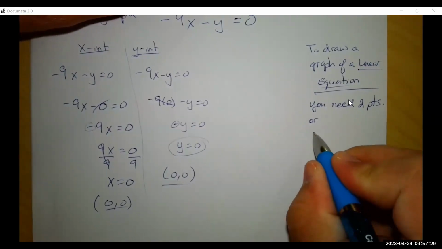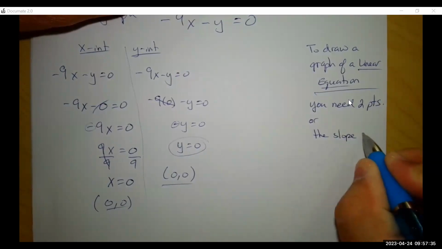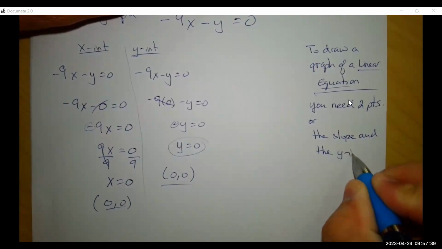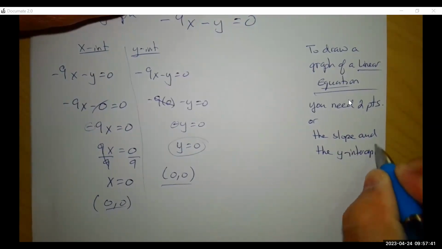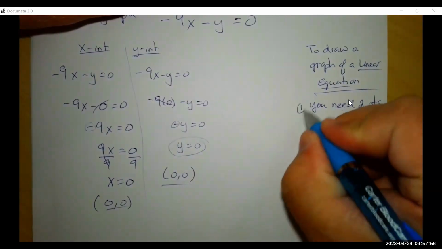Or the slope and the y-intercept. Do we have either of those conditions?